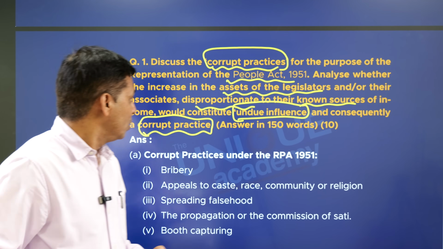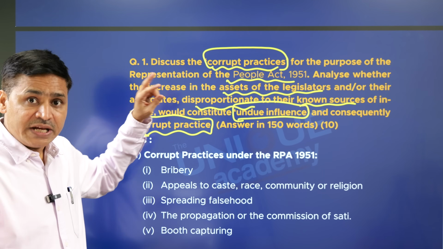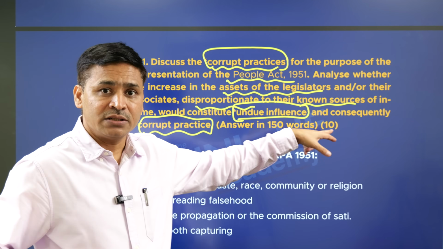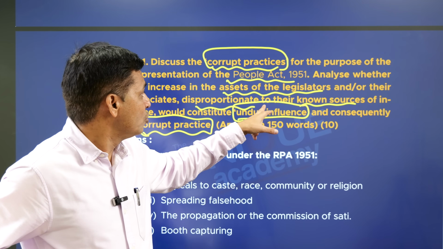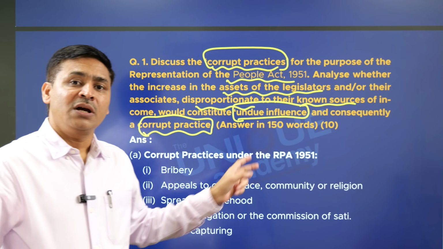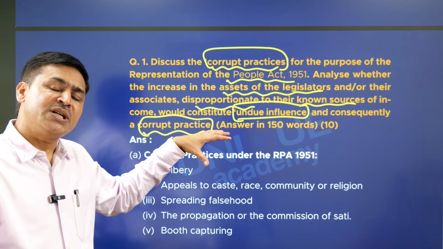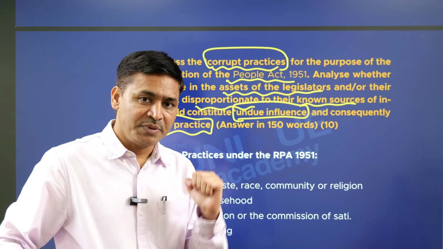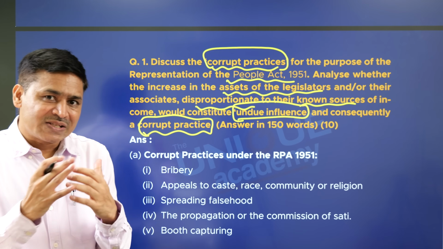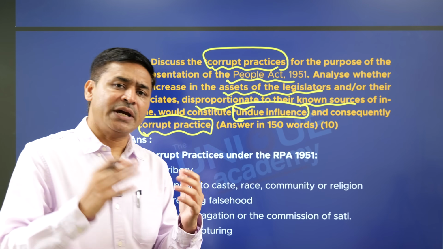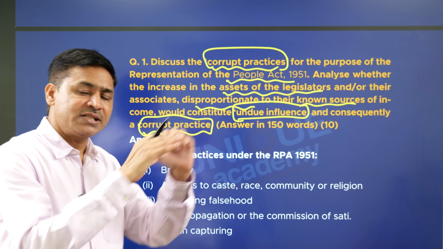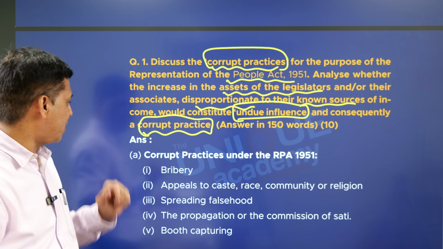We'll look into that. That issue pertained to disproportionate assets to known sources of income. Here, the question focuses on the legislators, the representatives of the people, but we can expand that to include all public authorities. Since the question expects us to focus on the legislators, we'll stick to that point.